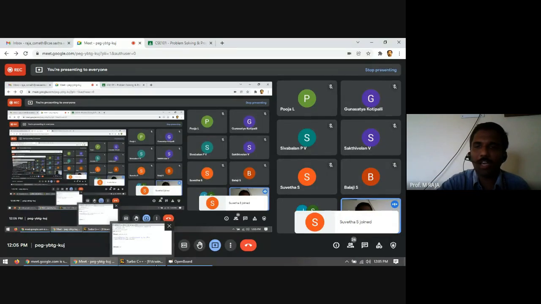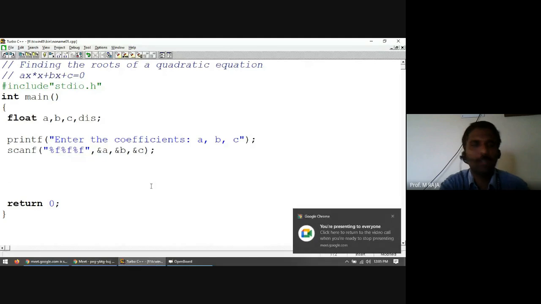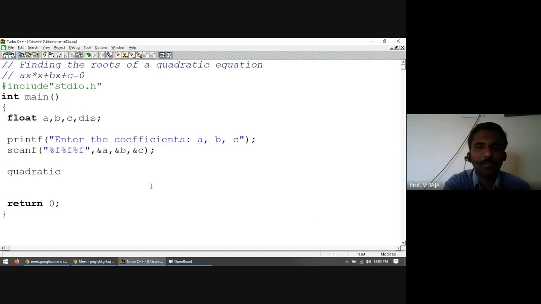So here, assuming one function, for example quadratic, we pass the parameters a, b, c, which are the coefficients of the polynomial. A, B, C are passed to the quadratic function.